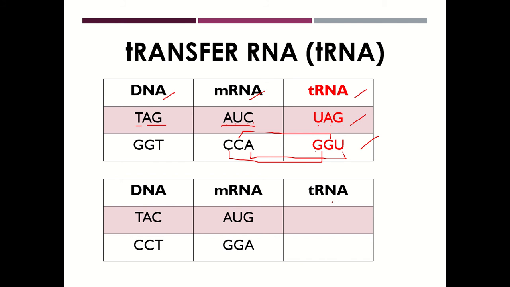Okay? How about this one? Let's answer. AUG. So, A, uracil, U, adenine, and guanine, cytosine. So GGA, so G, cytosine, G, cytosine, and A is uracil. Okay? So I hope we have the same answer.